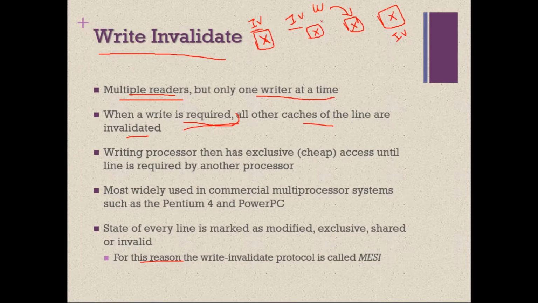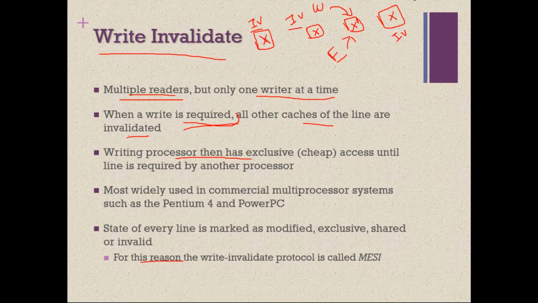Now whichever processor wants to perform the write operation gets exclusive control over X, over that particular line. The writing processor then has exclusive access until the line is required by another processor. So now it has exclusive access and it can modify the line. How long will it have exclusive access?